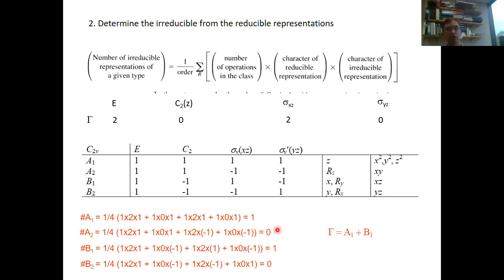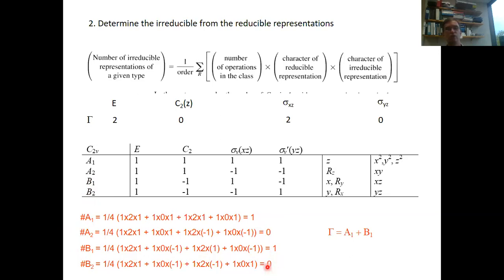And that means that no ligand group orbital has that symmetry type. So for B1, you would get the result 1. And that means that the other ligand group orbital must have the symmetry type B1. And for B2, you get the value 0, meaning that no ligand group orbital has the symmetry type B2.